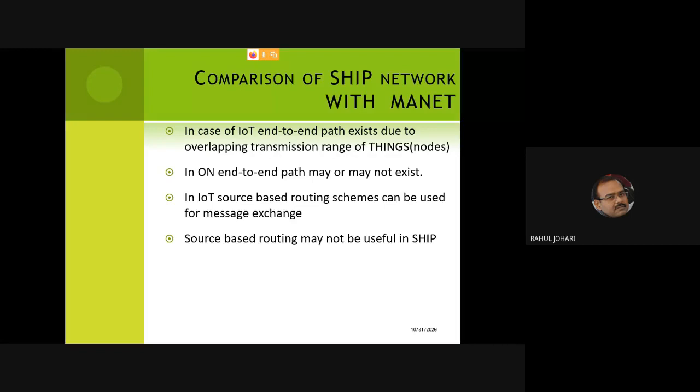So we use our good old DSDV, destination sequenced distance vector routing protocol, which helps in the transmission of the messages. Or we say the network is dynamic. So nodes are moving around. Initially we might have, let's say, only a 4-node network, then we can go to a 40-node network, again we come down to a 20-node network. So the entire path or the message discovery has to be done. What we say, route discovery has to be done for the message.